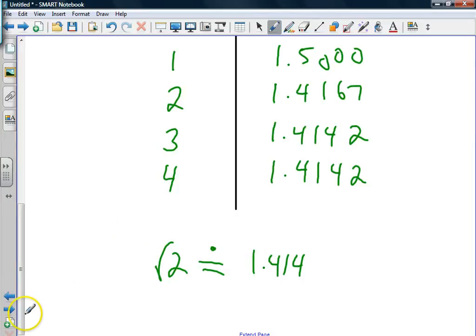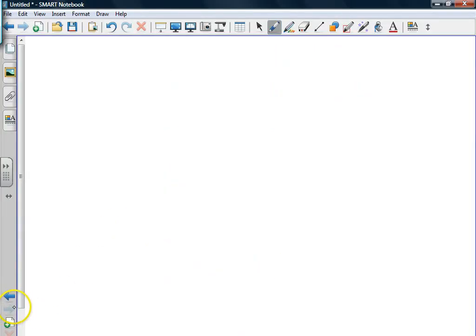Let's say, for some strange reason, I need the cube root of 12. Can you name a function whose root is the cube root of 12? What would f of x have to be so that its 0 is the cube root of 12? X cubed minus 12.